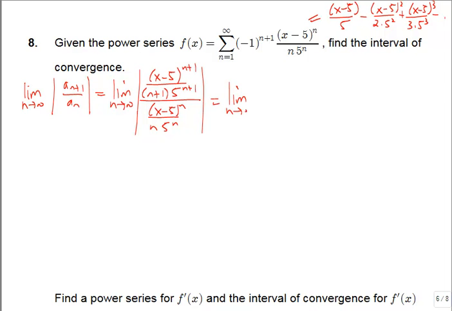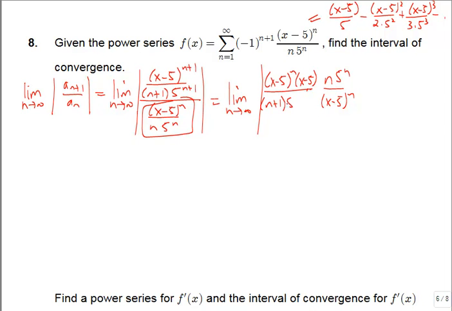So if I multiply by the reciprocal, this flips over. So n times 5 to the n over x minus 5 to the n, and then breaking up these n plus 1 powers, x minus 5 to the n times another x minus 5 over n plus 1, 5 to the n times another 5. So the 5 to the n's cancel, the x minus 5 to the n's cancel.